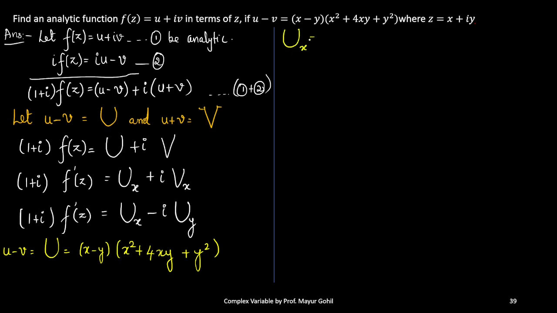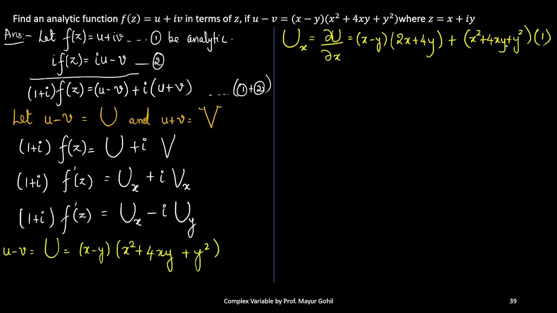So U suffix x is daba capital U over daba x. So we will have x minus y times the derivative of x square plus 4xy plus y square, which is 2x plus 4y, plus x square plus 4xy plus y square times the derivative of x minus y, which is 1. And that is the answer.